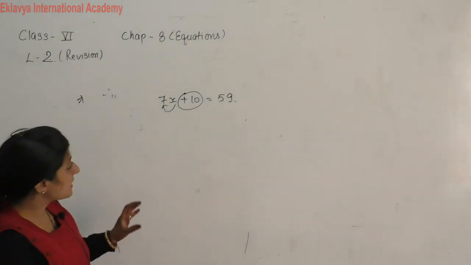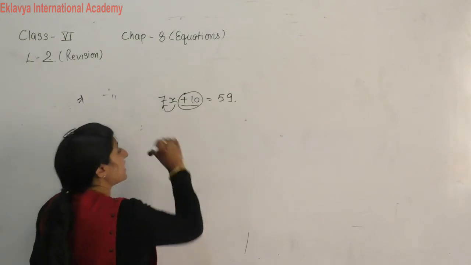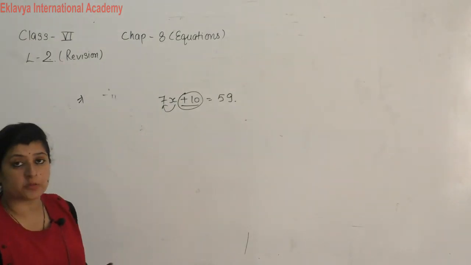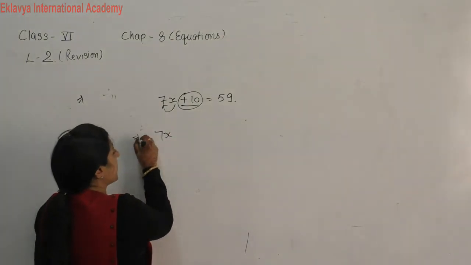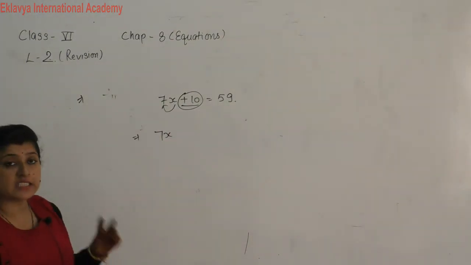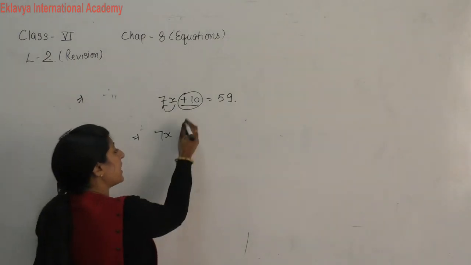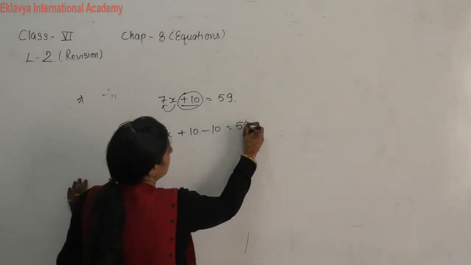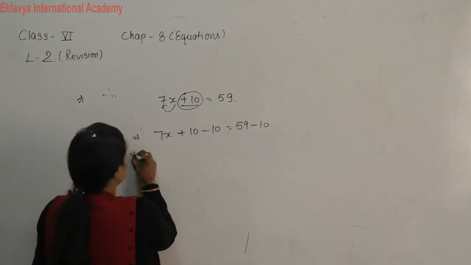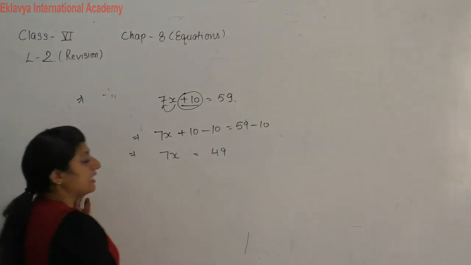So firstly we will try to solve this addition. We want to eliminate this addition operation. Then what are we using? Both methods. Firstly, suppose I am using inverse operation. Here there is plus 10, and we want to eliminate it, so we will do minus 10. Then it becomes 7x is equal to 49.